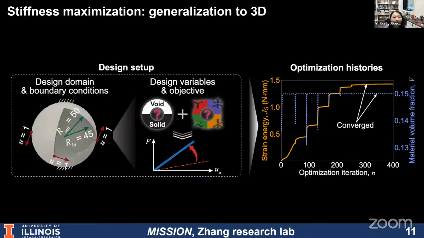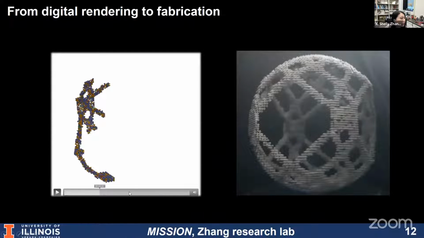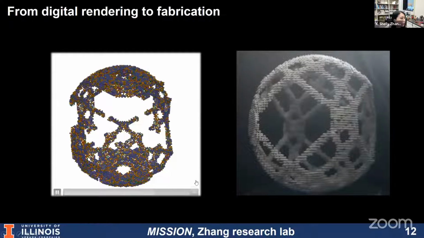Okay, so here is the optimization history, and we can see that it fully converges at the end for the objective function and the constraint. And based on the optimized frequency hint, we virtually grow this structure. So it's taking some time to grow.